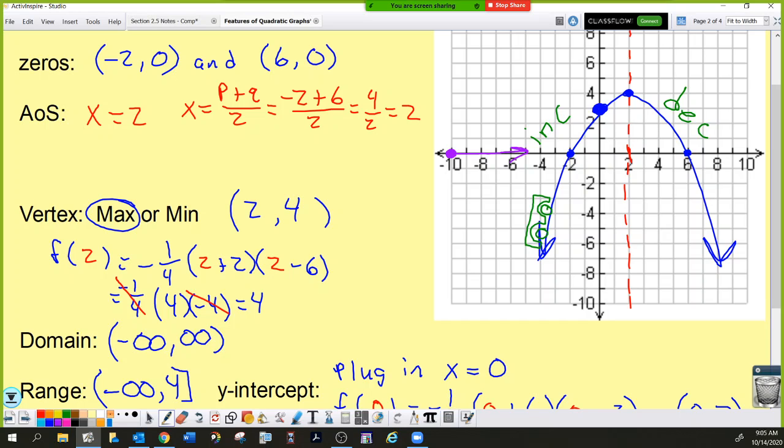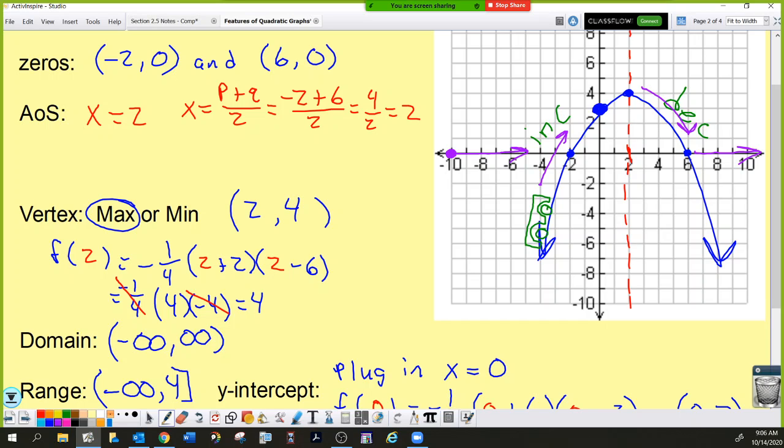As you are reading towards the right, your car is forced to go up. And it'll stop going up right here and start going down as you continue to read to the right. So you're always reading from the left to the right, and you're describing if the car is rising or falling at certain x values.